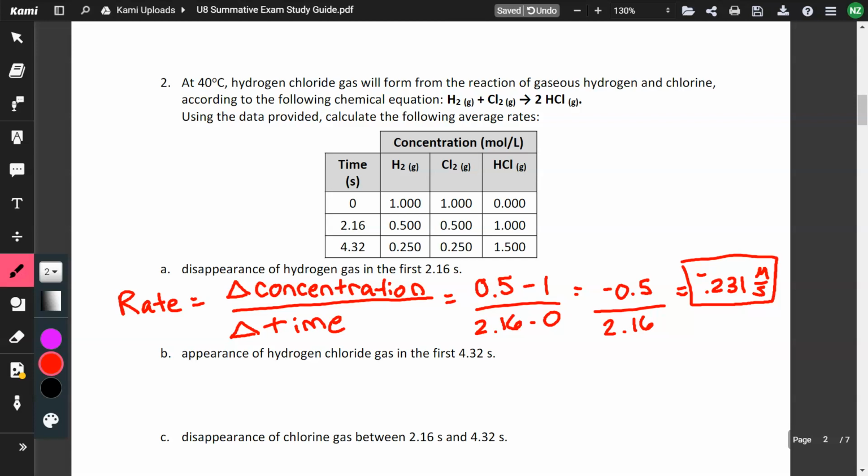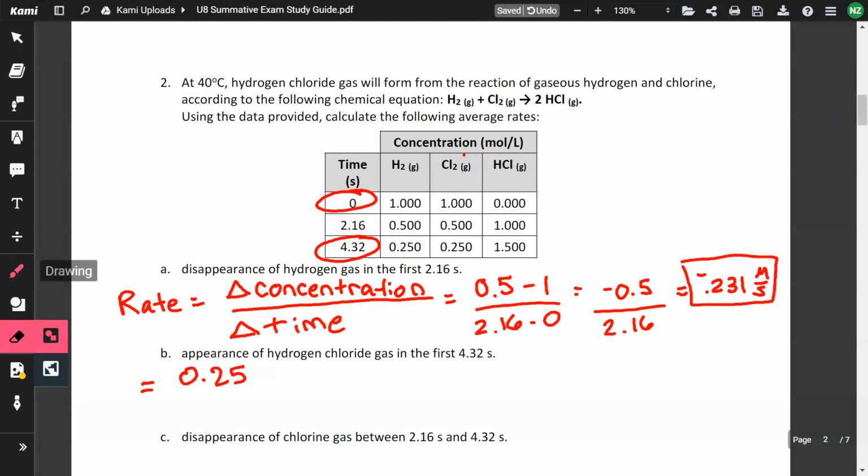Appearance of hydrogen chloride gas in the first 4.32 seconds. So here's our chlorine gas, and we're looking at the first 4.32 seconds. So we're going to be looking at these two time points, these two concentration points. So the change in concentration, so we go from, let's see, 0.25. Oh, I goofed. I picked the wrong numbers.